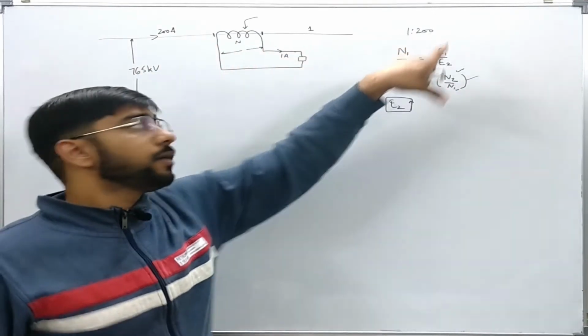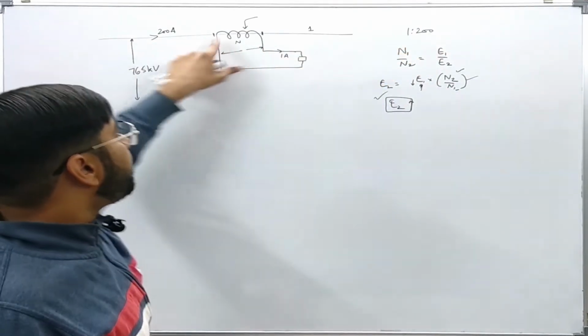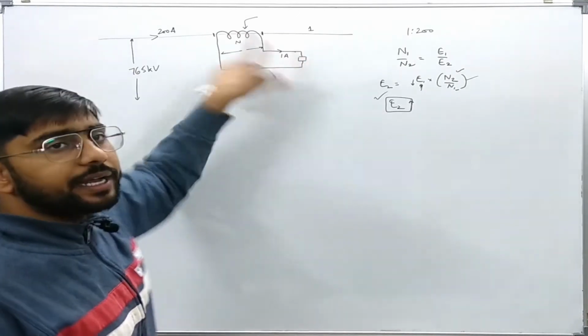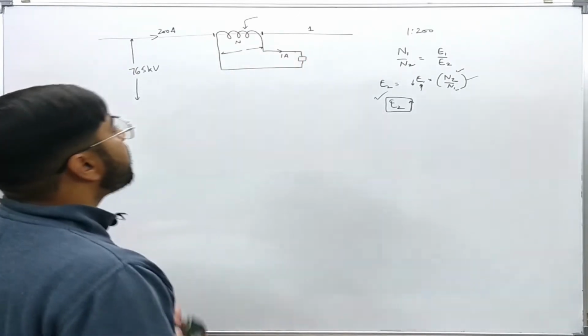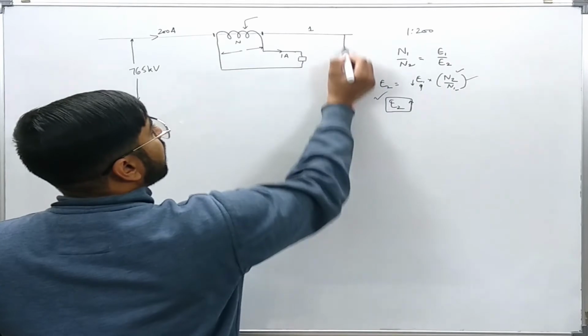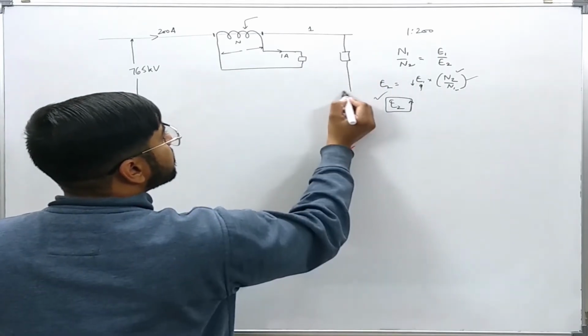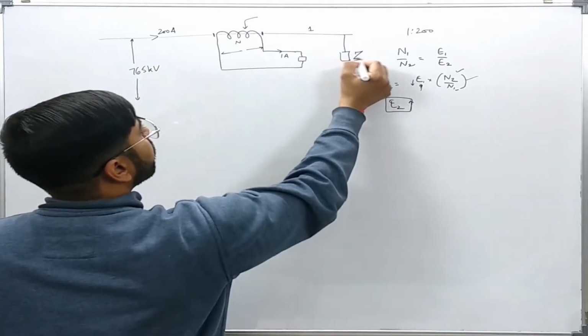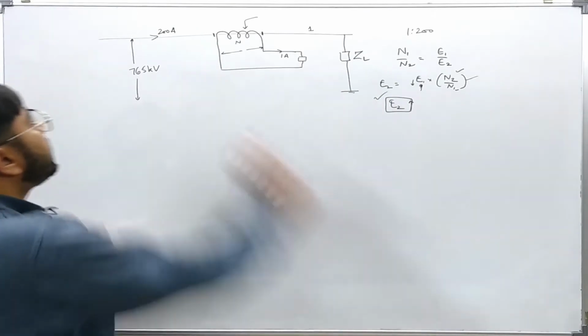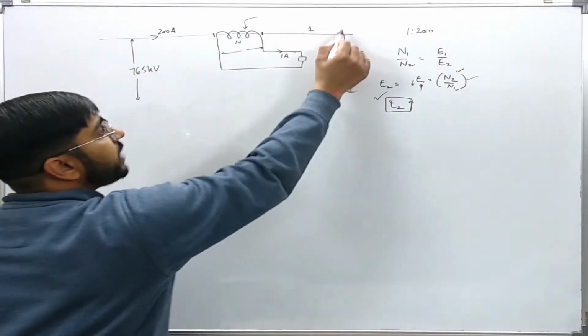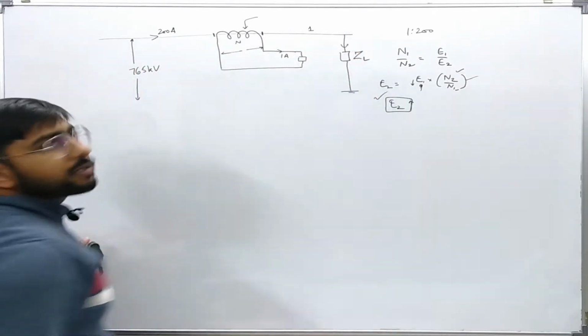Now you may note one thing, that the current flowing into the primary winding is independent of the load connected here. It actually depends upon the load on the power system. This is the power system and this is the load. So this current in the primary is decided by the load connected to the power system.